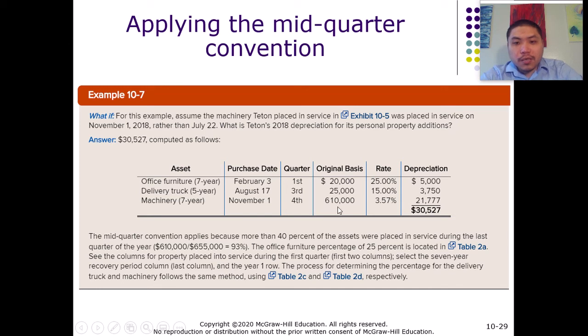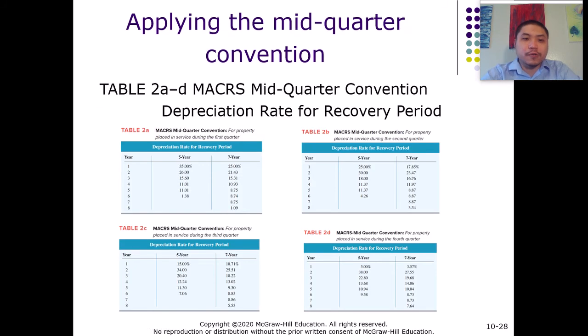Now, based on the quarter in which the asset is placed into service, we have to go back and select the right table. For the first one, office furniture is placed into service in the first quarter, and this is a 7-year recovery period asset. So first quarter, 7 years, it's going to be this table, for property placed in service during the first quarter.